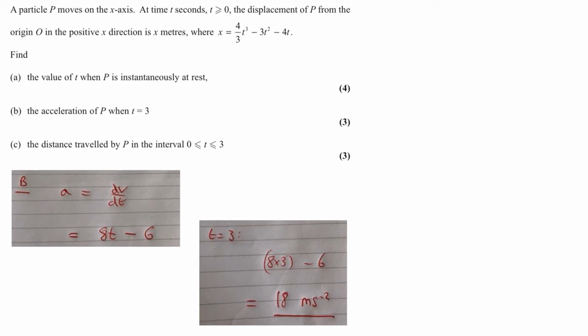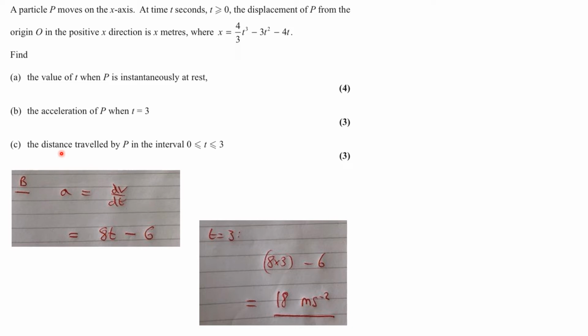Now, part C, which is a distance traveled question. Again, in my previous video, I made a big point that in the exam, they love testing distance traveled questions. We have to be careful because distance is not the same as displacement. So when you are working out the distance traveled, you must not just work out the displacement.